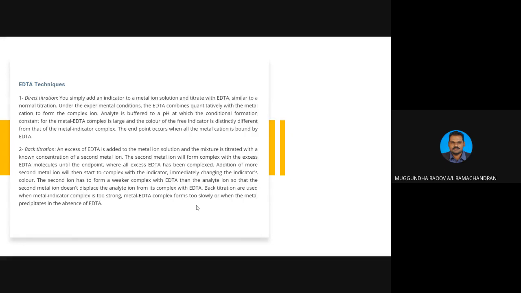So that is the difference between direct titration and back titration. Back titration is a bit different. The second metal ion will form a complex with the excess EDTA molecules until the endpoint, where all the excess EDTA has been consumed.